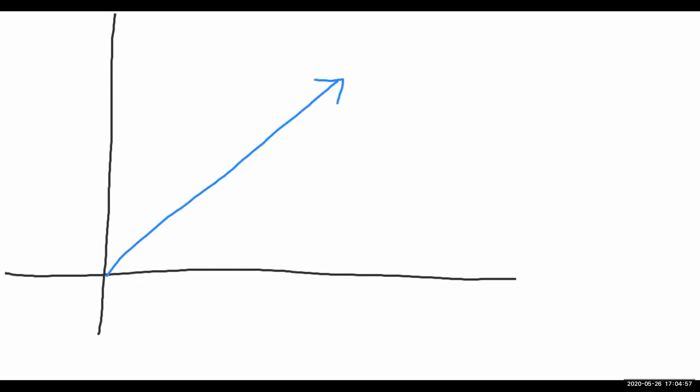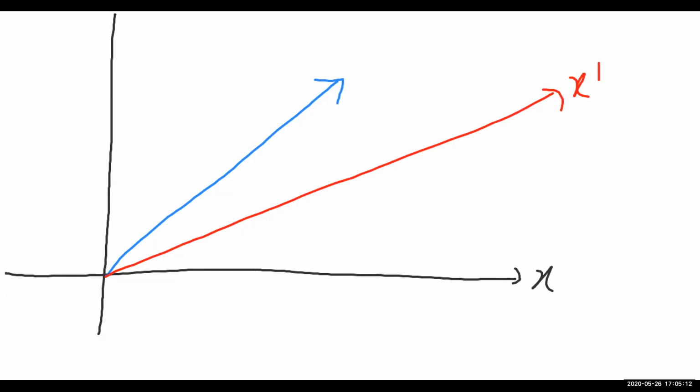So if this is x dash and if this is x, this angle is theta and this is x and this is x dash. Look, I'm just trying to show you how to do this.